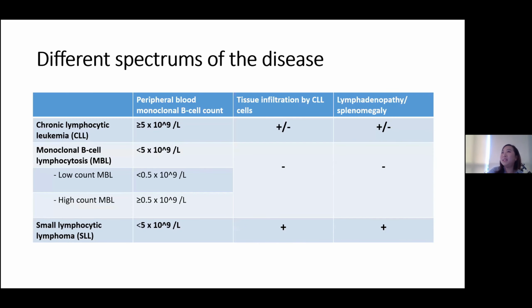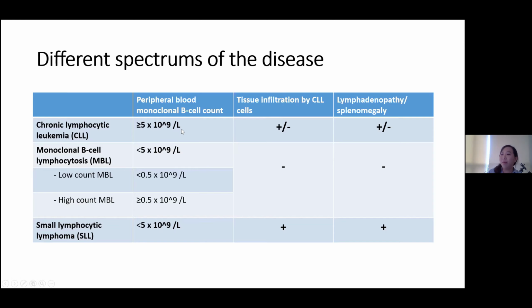So there's a different spectrum of the disease, and it's widely classified depending on their monoclonal B cell count in peripheral blood. So in CLL, you have more than 5 monoclonal B cell counts. So note that this is not total lymphocytosis we're talking about. It's actually the counts of the malignant B cells.